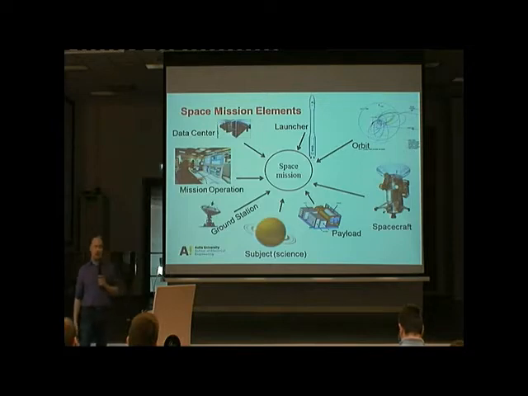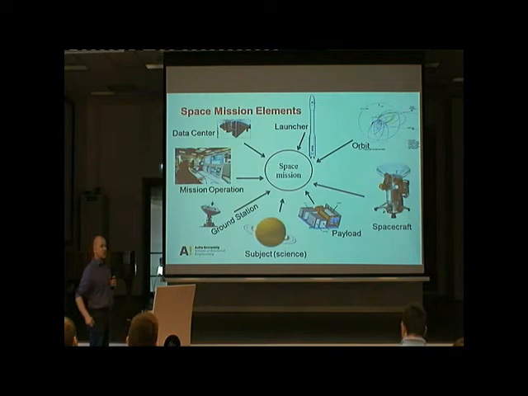Then you have an orbit, which is an integral part of your space mission. If you need to carry out some kind of measurements, you need to be on the right orbit. And you cannot be wherever you want. You are operating in the private fields and you have only predetermined ways where to be and how to be.